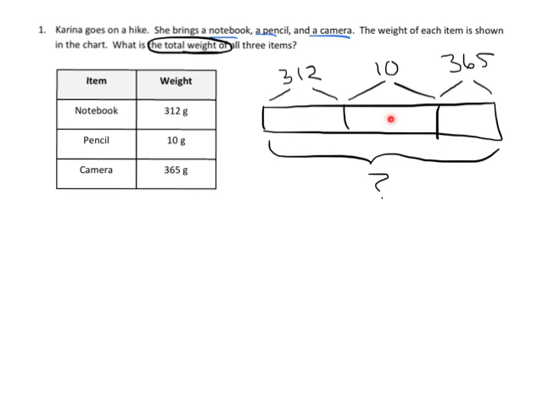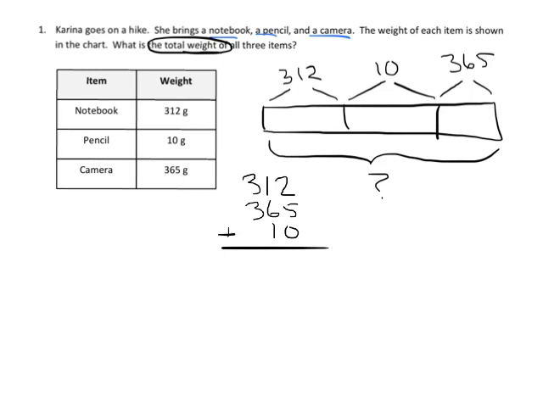If they were equal lengths, we might be talking about multiplication or division, but because they're unequal, it means we're probably talking about addition or subtraction. But then because it says we want to know this whole length, that immediately puts it into the realm of addition. So we're going to add 312 plus 365 plus 10.